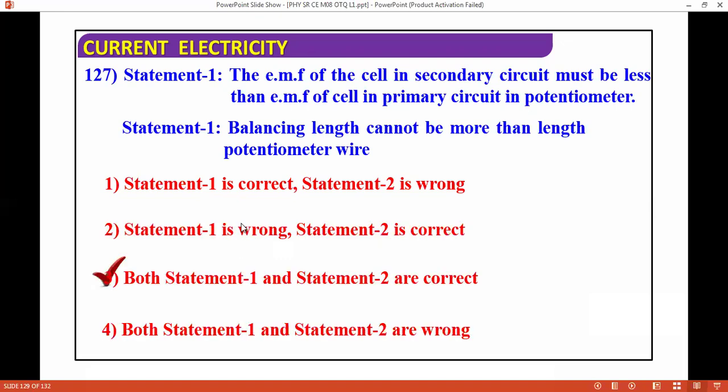Both are correct: the secondary circuit EMF must be less, and the balancing point cannot be more than the length of the potentiometer wire. So I'm moving to the next question.